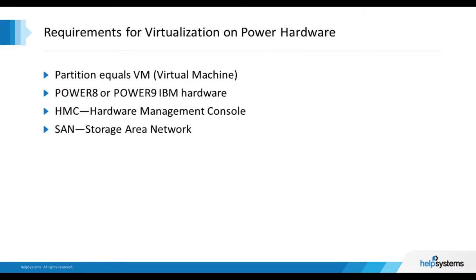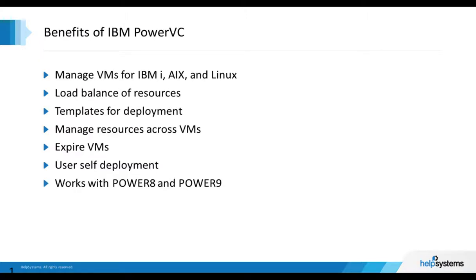It works with Power 8, Power 9, and technically you can work with Power 7, but we'll stay current with where we're at hardware-wise. You still need an HMC involved, and you don't necessarily have to, but it works much better if you have SAN storage in this environment. There are ways to get around that with internal disks too, but for the most part, virtual SAN storage is the best way to go.